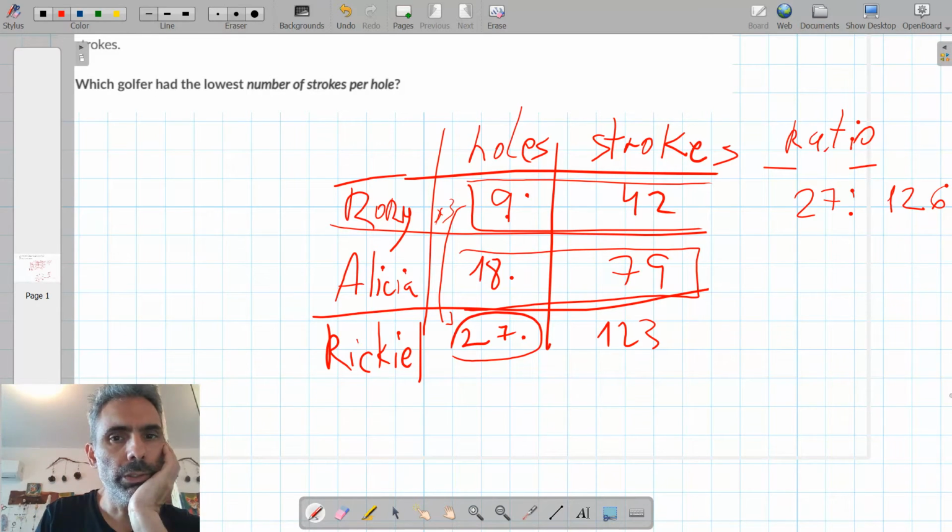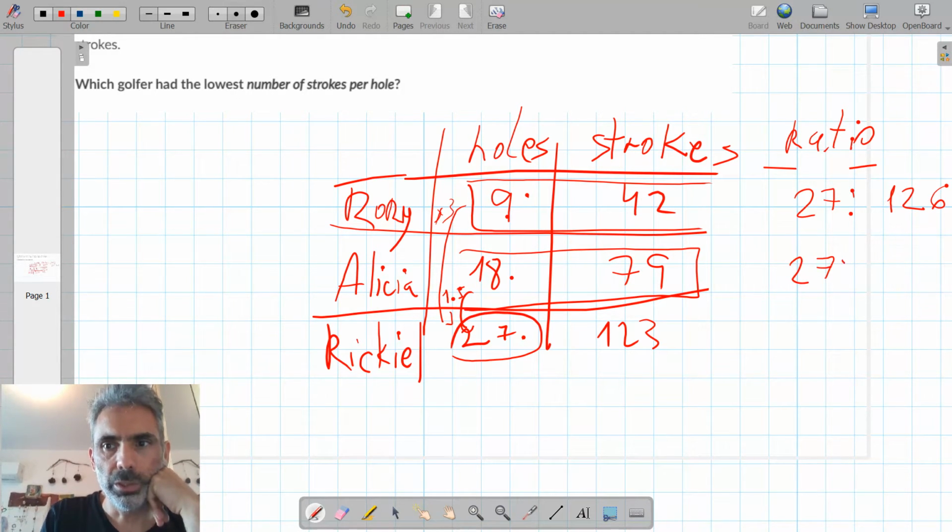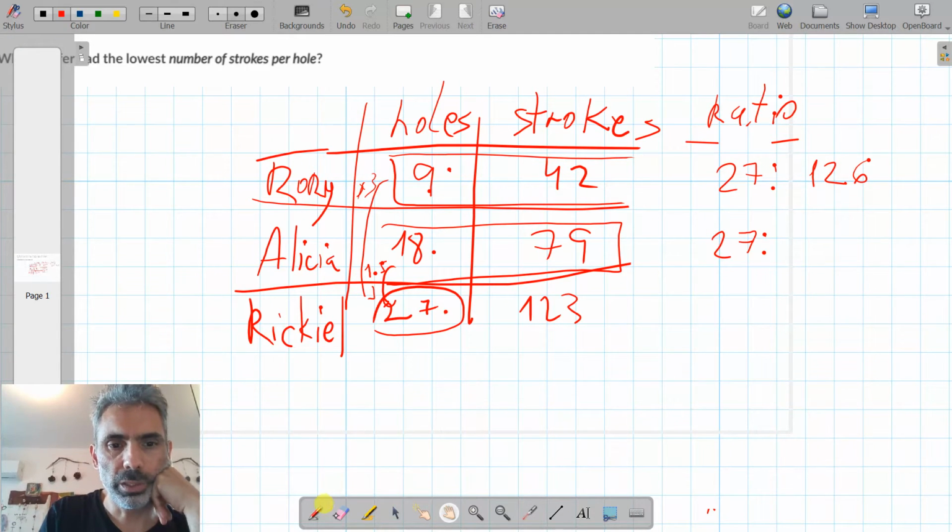Okay, because 18 plus 9 is 27. 9 is 1/2 of 18, so 18 times 1.5 is 27. So Alicia's ratio is 27 to, and now I need to multiply 79 times 1.5.